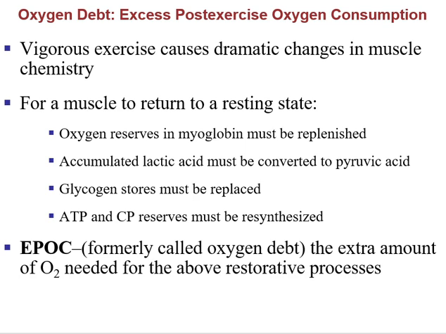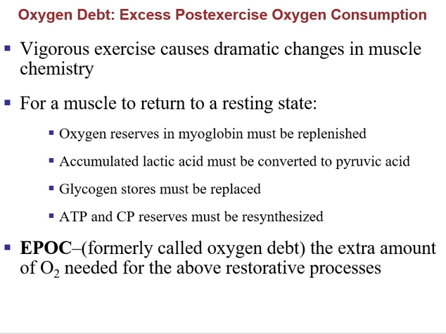And for a muscle that's fatigued to return to a resting state where it's ready to contract again, oxygen reserves in myoglobin have to be replenished, lactic acid has to be converted into pyruvic acid and moved out of the muscle, glycogen stores must be replaced so we can break down glycogen to glucose and power the aerobic mechanism, and ATP and creatine phosphate reserves, even though it's not a bunch, must be resynthesized.